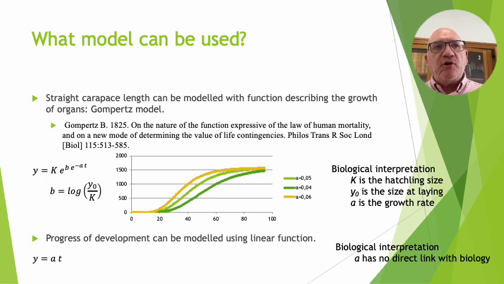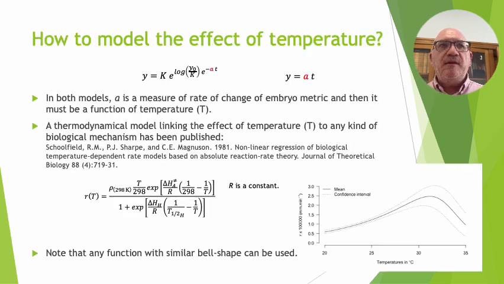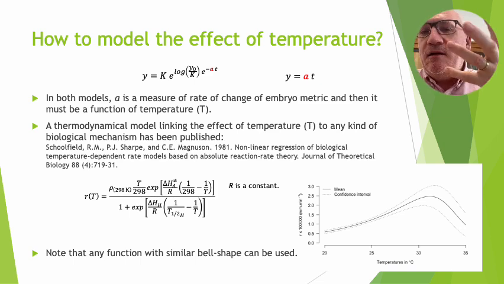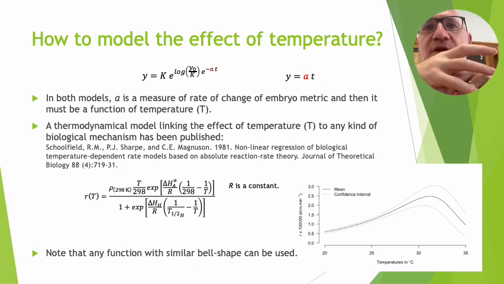If you model the progress of development using a linear function, the equation is just at the left, a very simple equation, but in this case, the A value has no direct link with biology. These are parameters that we need, but we cannot say really what they mean in terms of biology. Now we model the growth of the embryo, but we know that the growth rate depends on temperature.